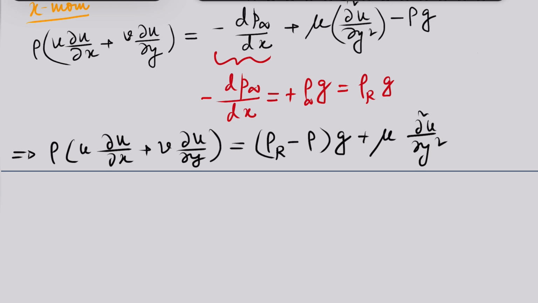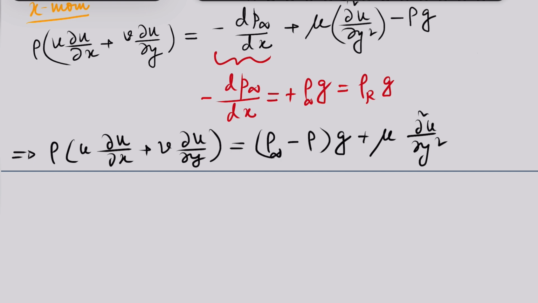Now this rho can actually be a function of both T and p, but I have already shown you that for low Mach number flows we can assume that this is only a function of temperature and not a function of pressure. Clear? So firstly I should directly write it as rho infinity.